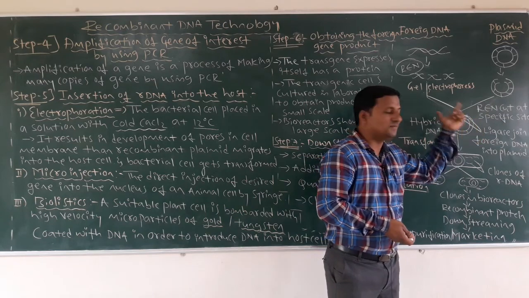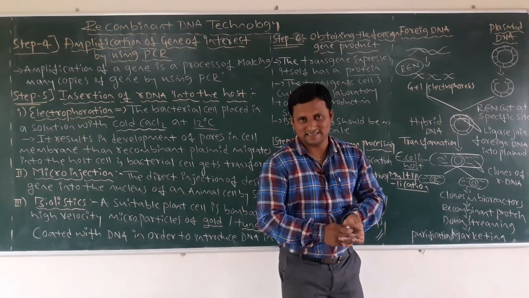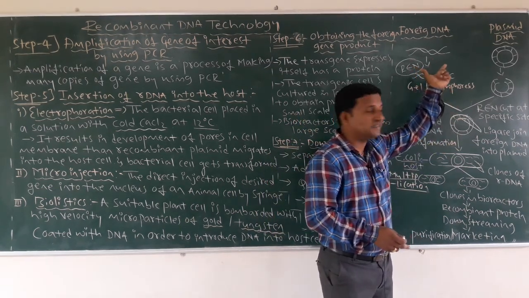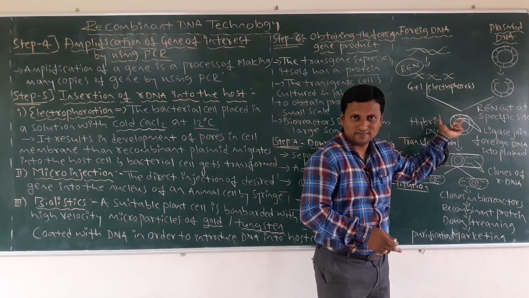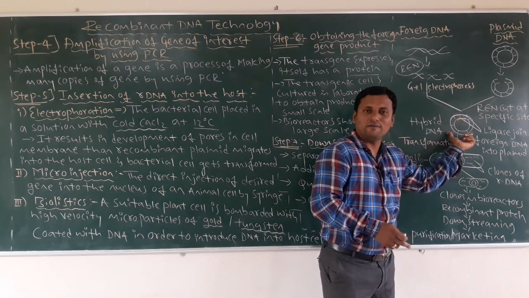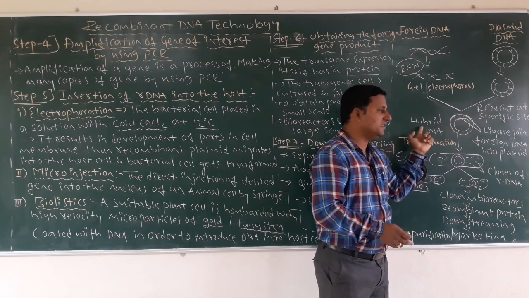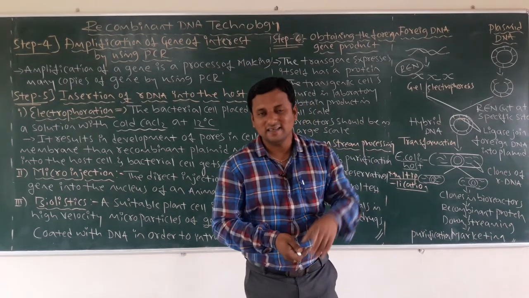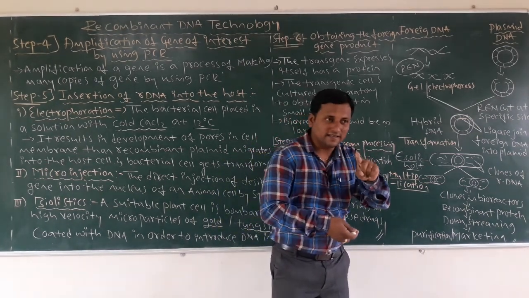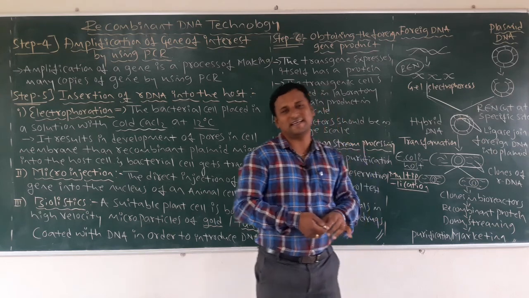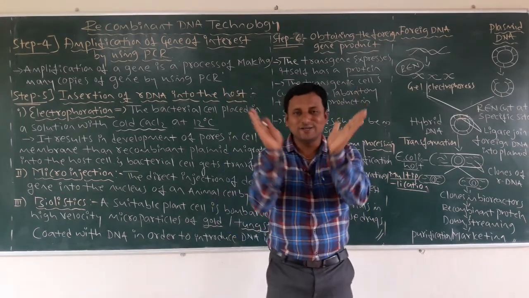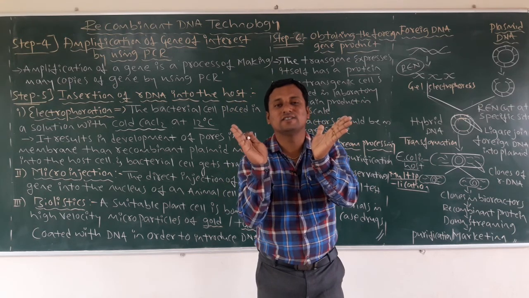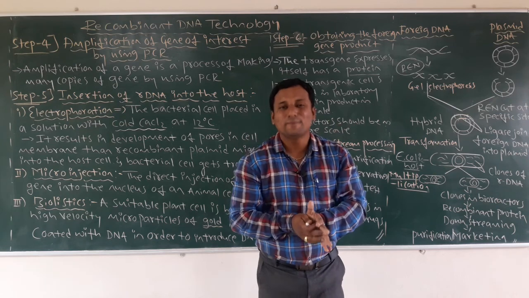Then comes another enzyme, called DNA ligase enzyme. When you unite the foreign DNA and plasmid DNA, the combined molecule is called a hybrid DNA. This hybrid DNA is also called rDNA or chimeric DNA, or mosaic DNA. It is the union of foreign DNA and the artificial DNA molecule, the circular DNA, which is the plasmid.